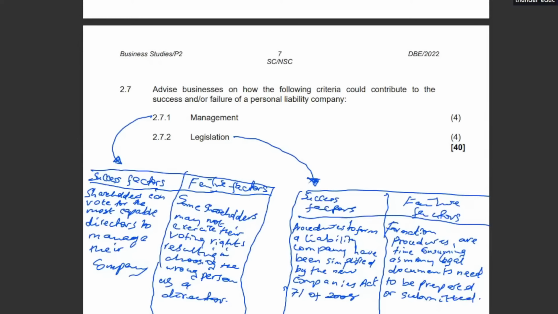Okay, right. Grade 12s in this regard would have scored yourself 8 marks.